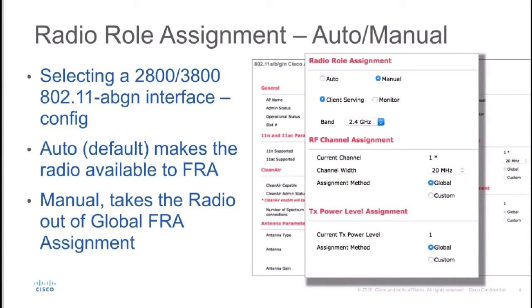So absolutely the client serving has to be 2.4, because the whole algorithm is to see how much 2.4 energy is there and make sure that we can turn off certain 2.4 radios. Absolutely correct. Once it's been assigned a role, it's the domain of DCA to decide whether it's good in that role or whether it should be in a monitor mode. And the priority is always going to make dual 5 gigahertz first and then monitor mode if we can't fit that. Perfect. Next slide.